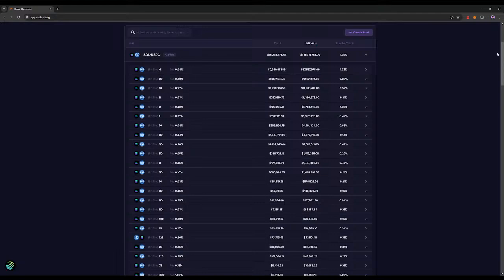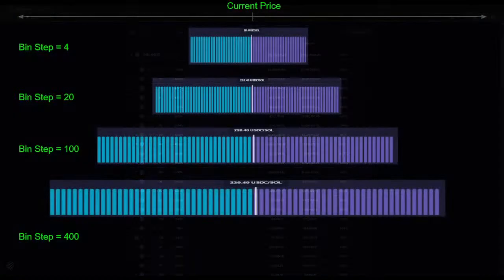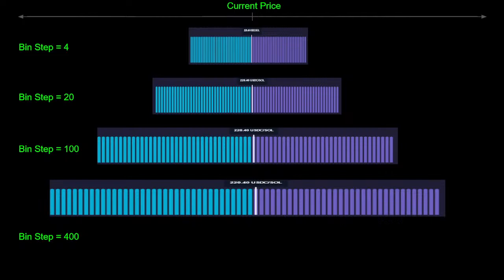To give you a visual example of what bin steps actually mean and look like, I've created this. In this, as you can see, this is the price line, wherein this is the current price, and this is minus percentage, and this is plus percent. So when we're selecting a bin step of 4, then you're actually providing liquidity in this range with 69 bins.